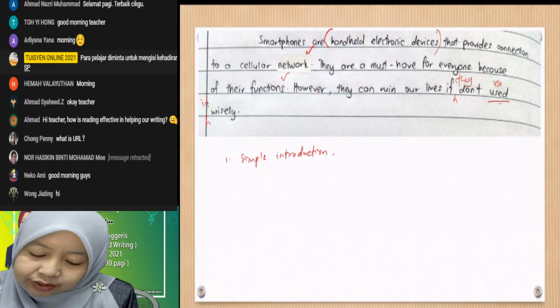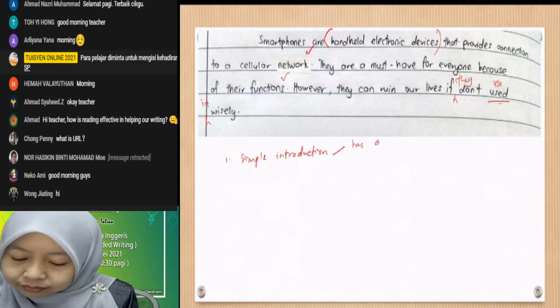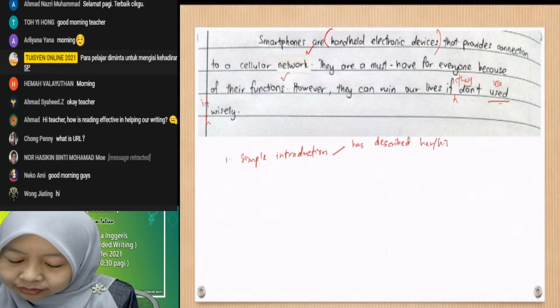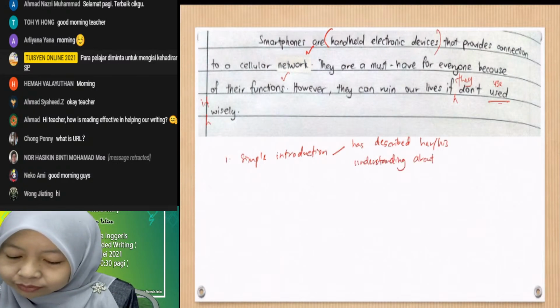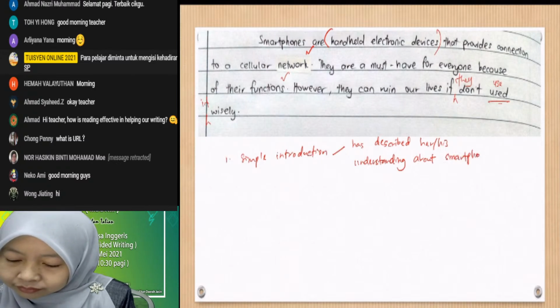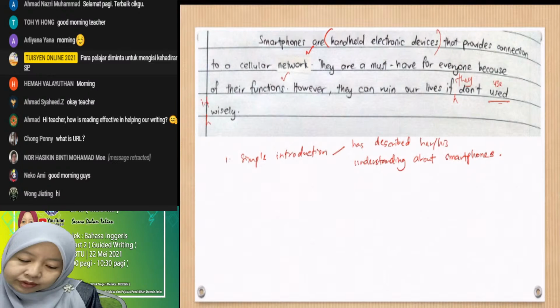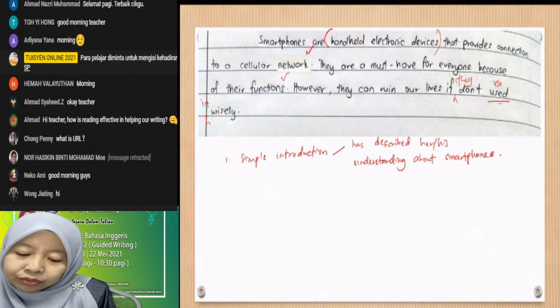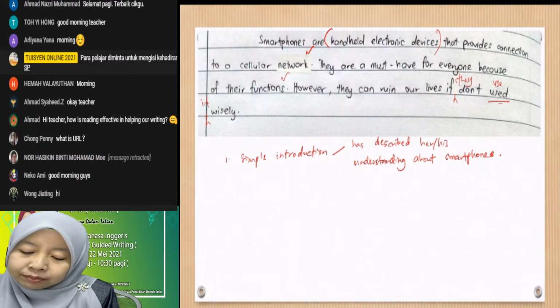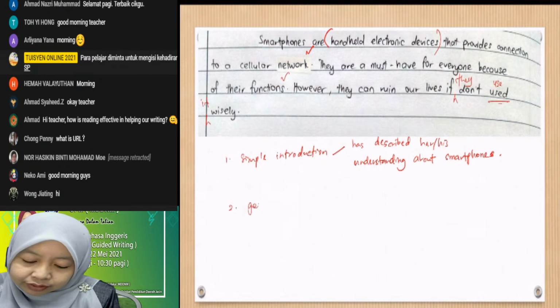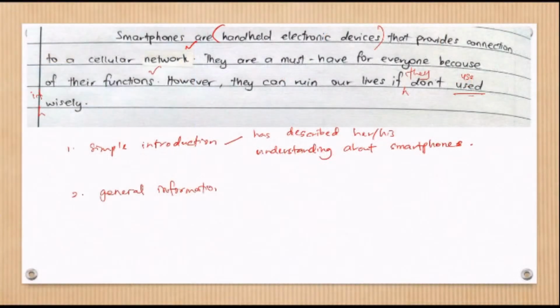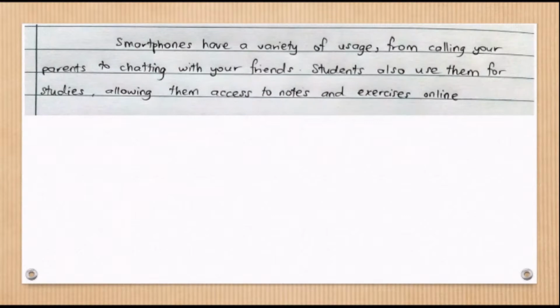The student has described her or his understanding about smartphone. Did the student put any stand yet? No, right? Because the first paragraph should be a simple one, and also present general information about smartphone. Okay, good.